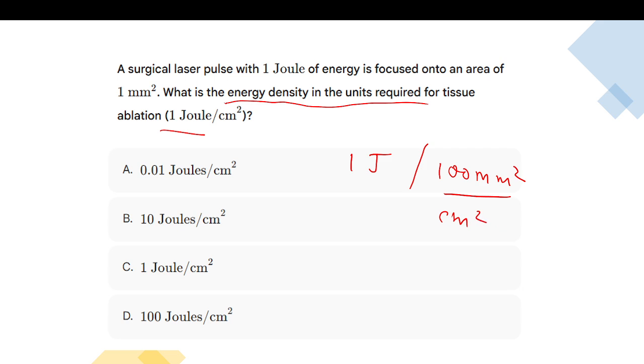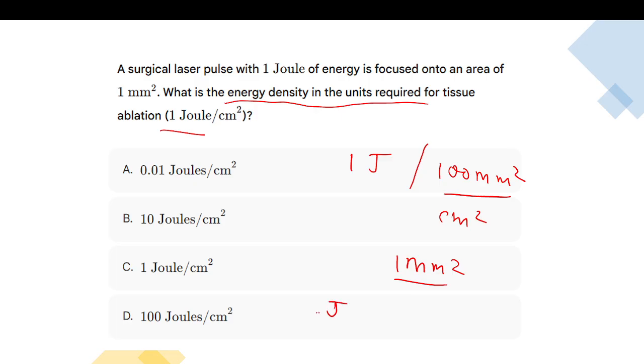So for 1 mm square, how much will it be?